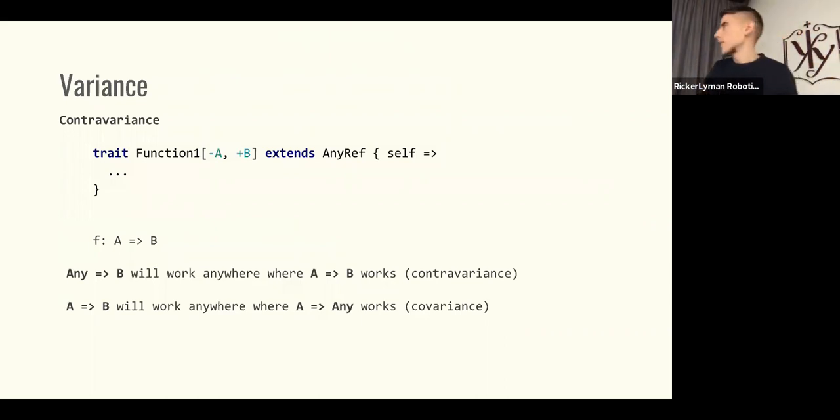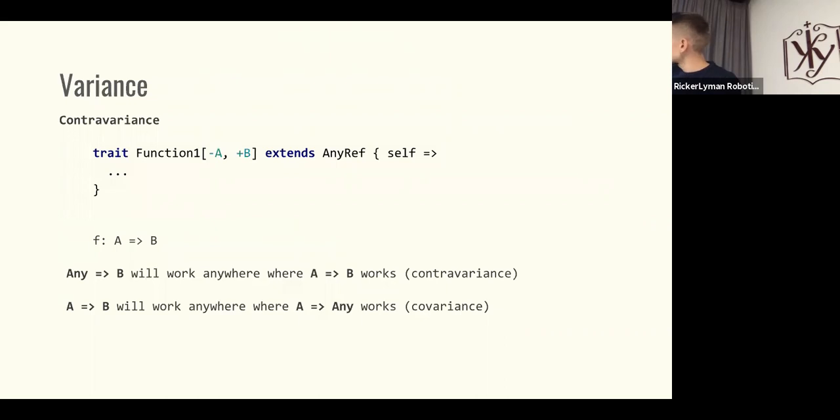The example of contravariance from the standard library is the function trait definition. The function is contravariant by its first argument type. What it means is that if we have a function from Any to B, it will work anywhere where A to B works.